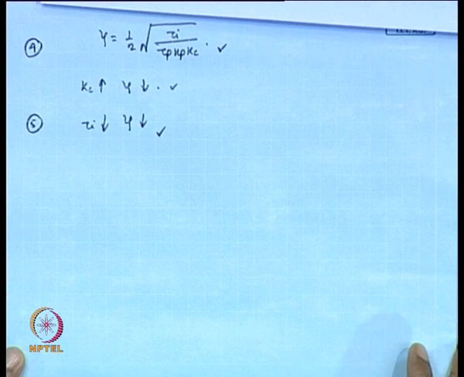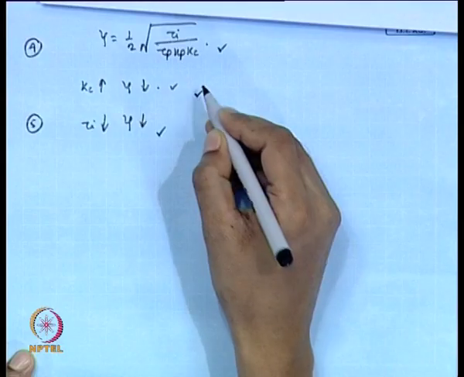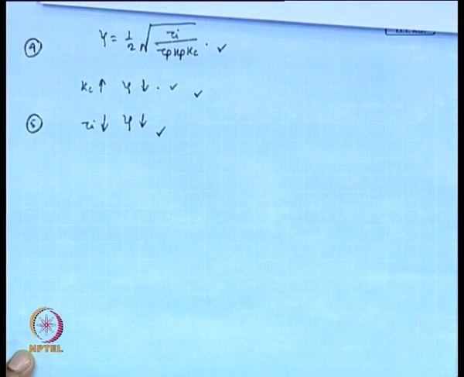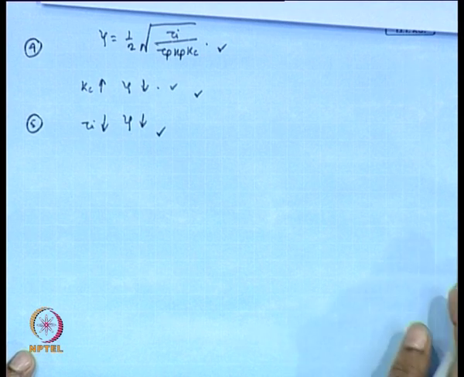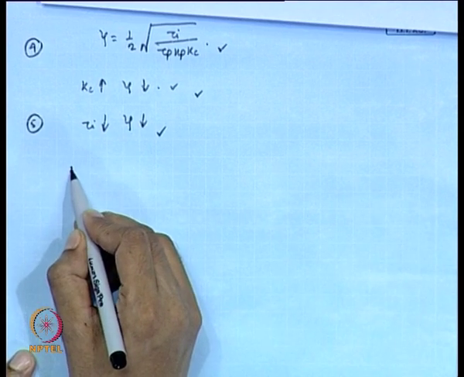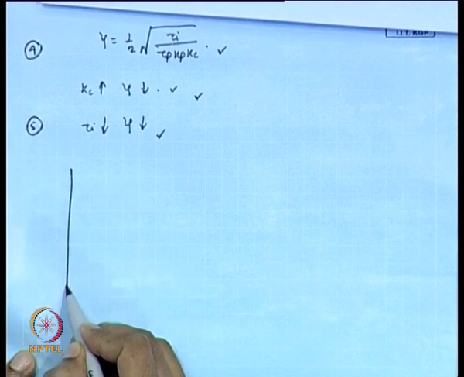Now, we wish to produce plots based on comments 4 and 5. In the fourth point, we have mentioned that with the increase of Kc, zeta decreases. That means more oscillatory response.